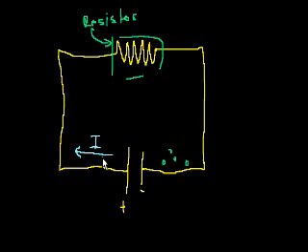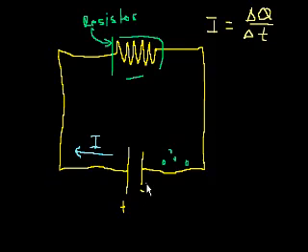So current, even though the convention is it flows from positive to negative, is actually just the flow of charge per second. So we could write that down. I'm saying this in a kind of disjointed way, but I think you get what I say. Current is flow of charge, so change in charge per change in time. Right?